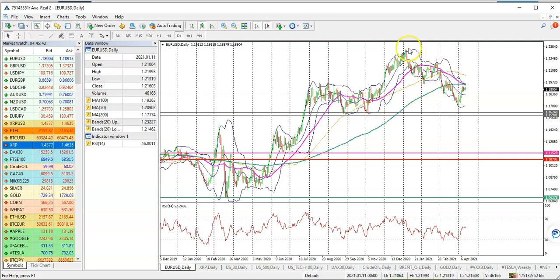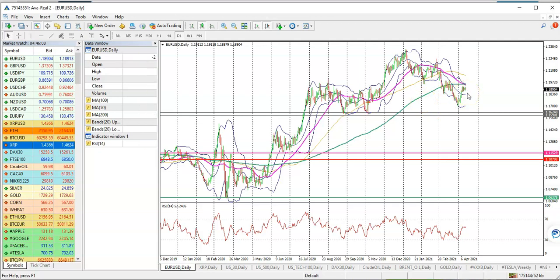Number one, this band you are seeing over here is called a Bollinger Band, and then we have three important moving averages. Number one is your 50-day simple moving average shown in pink, followed by your 100-day simple moving average shown in yellow, and finally your 200-day simple moving average.